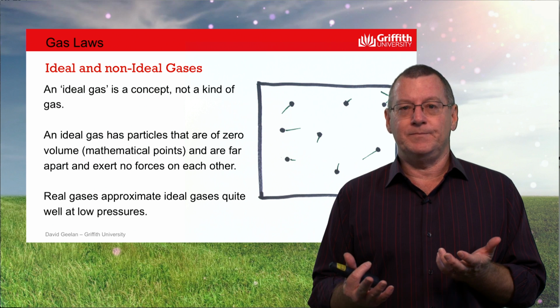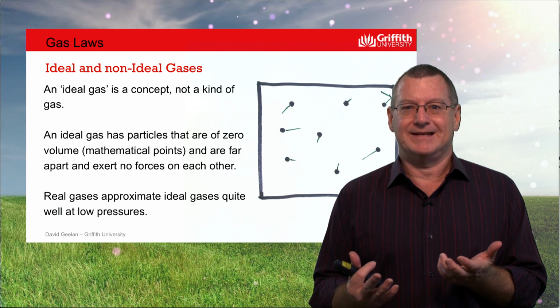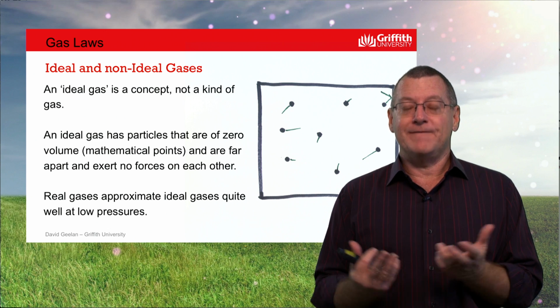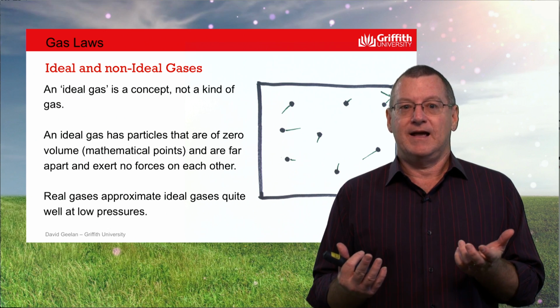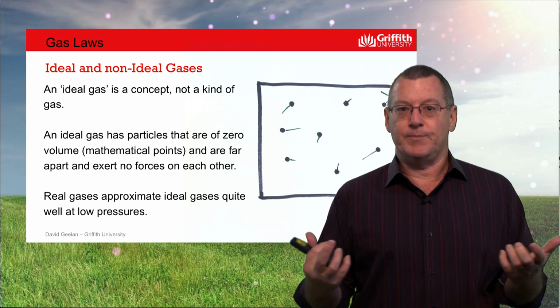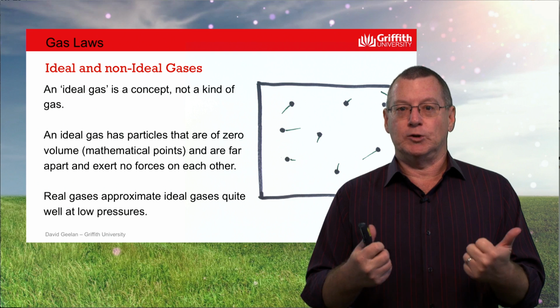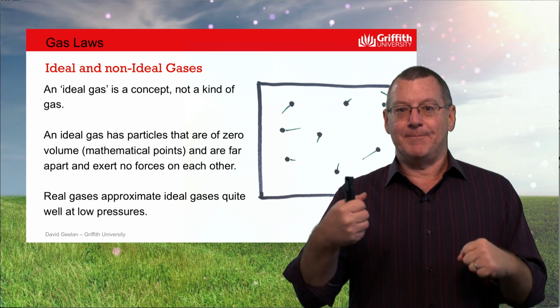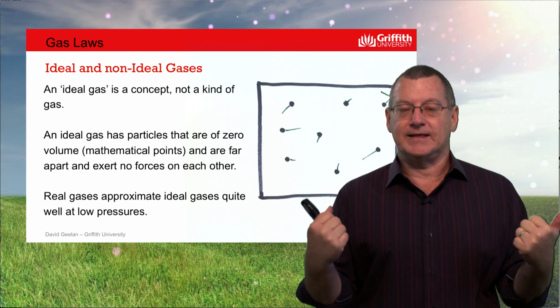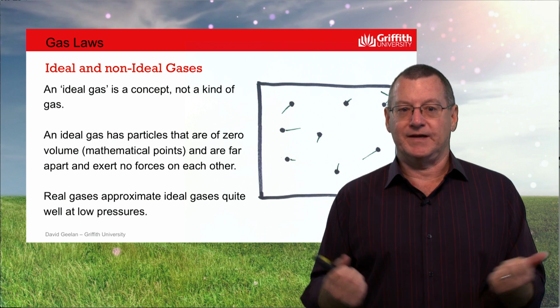Particles of zero volume, so mathematical points, no length, no width, no depth, very far apart, moving very fast, and not exerting any forces on each other. No attractive or repulsive forces, no internal structure. So they're not dumbbell shaped and hitting in different directions. They are points that collide like points, bounce off the walls, bounce off the container.